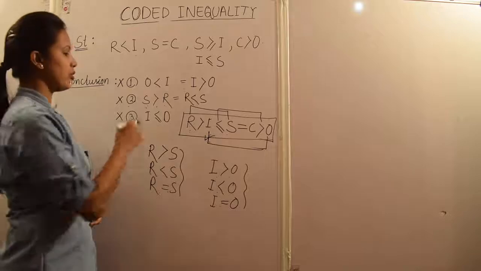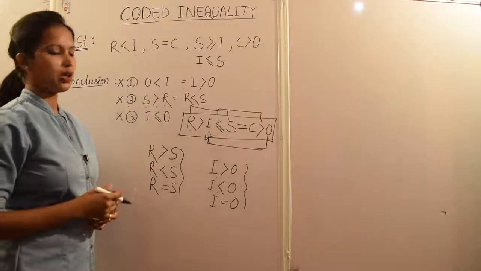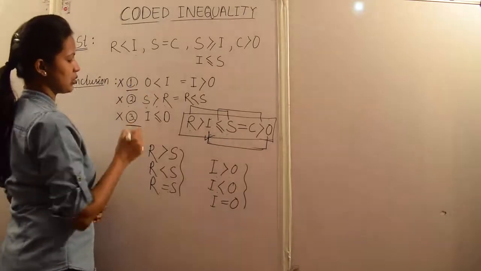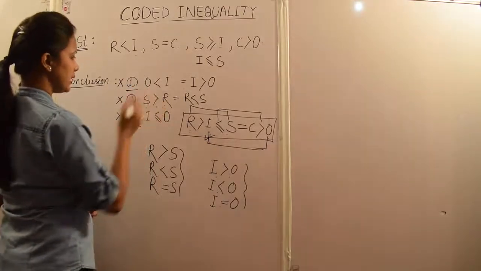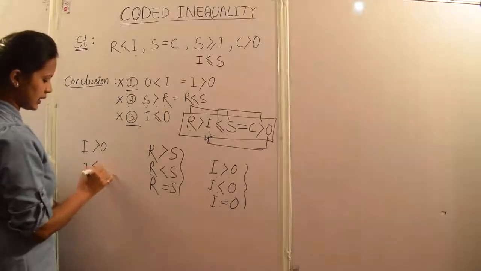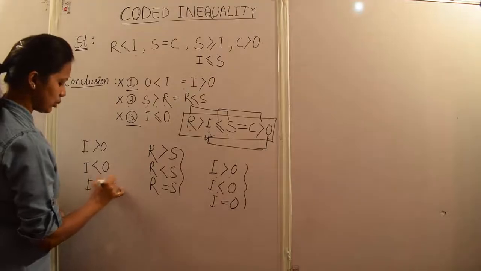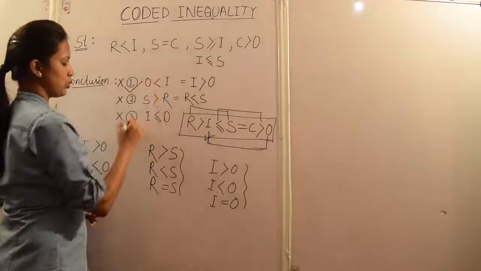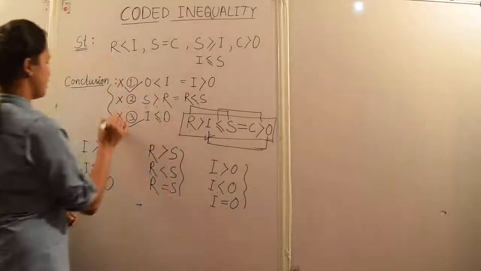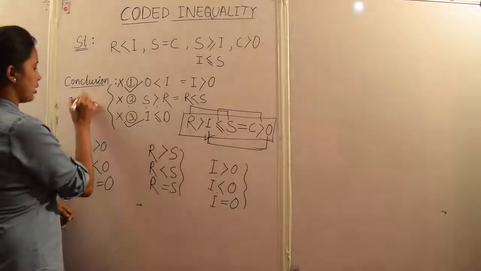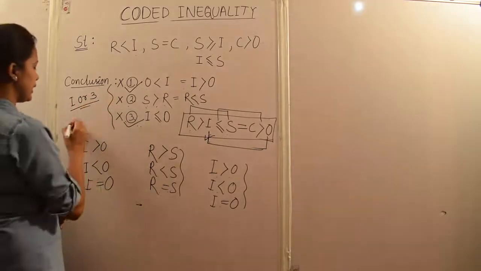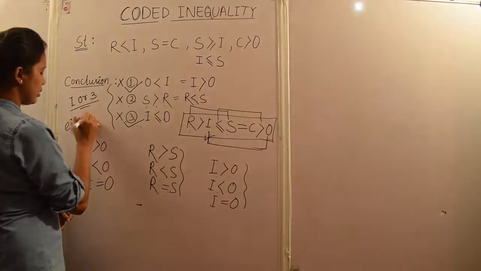So individually if we observe, these three conclusions are wrong, but if we combine the first and the third conclusion, then we can see I is greater than O, I is less than O, and I is equal to O are all there. So by combining these two conclusions, one of the conclusions must be true. So we can say here the conclusion 1 or 3 is true. That means here the case of either or will be required.